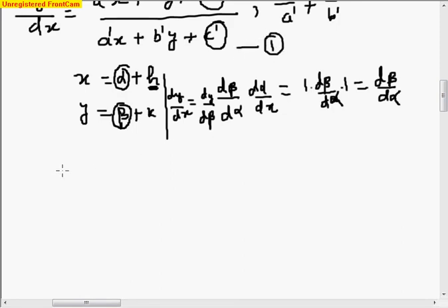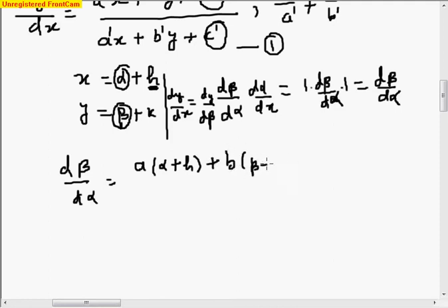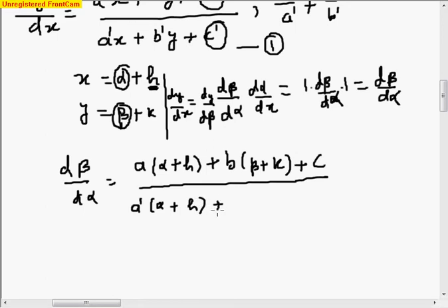I can write it as d beta by d alpha is equal to a times x, which is alpha plus h, plus b times y, which is beta plus k, plus c, upon a dash into x, which is alpha plus h, plus b dash into y, which is beta plus k, plus c dash.